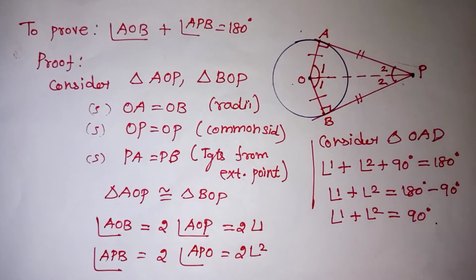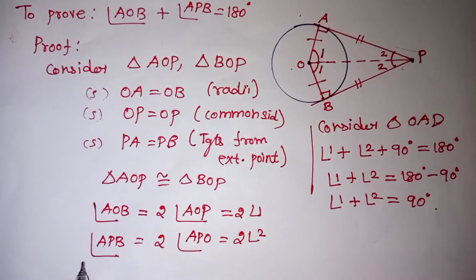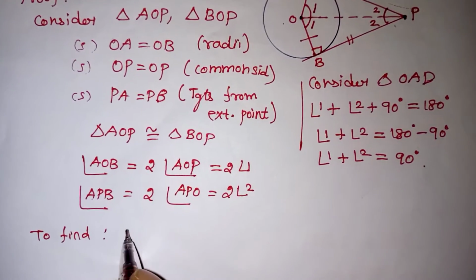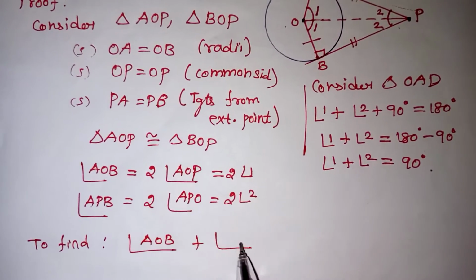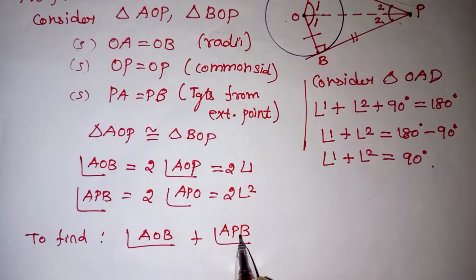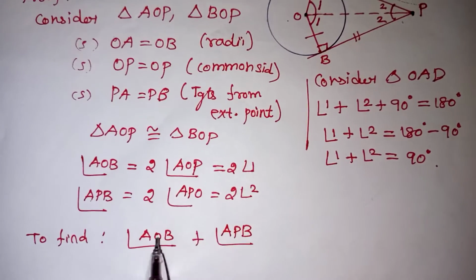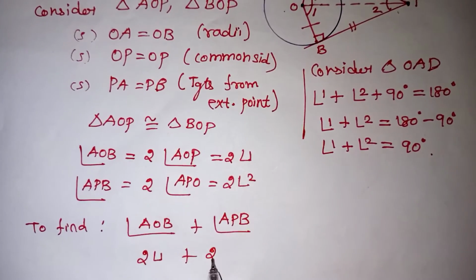Now we need to prove that the addition of these two angles is 180 degrees. So let us substitute. We need to find angle AOB plus angle APB. That is our question. In the place of AOB we got 2 times angle 1, plus APB we got 2 times angle 2.